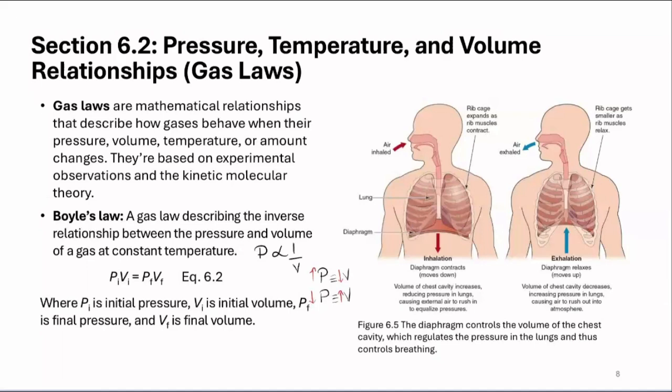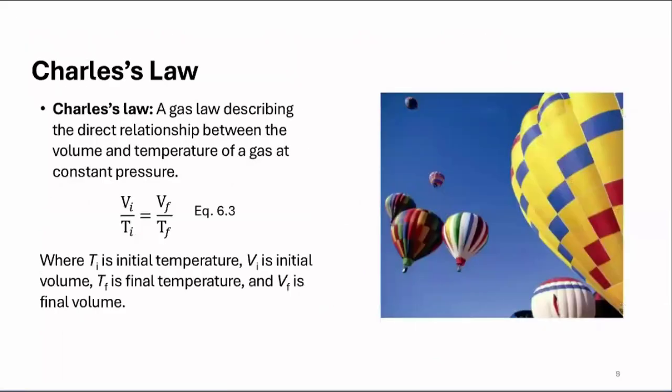This is what causes the air to rush out and be released into the atmosphere. So upon exhalation, this is the relationship: a reduction in the volume of air in the lungs, but an increase in the pressure that the lungs feel.